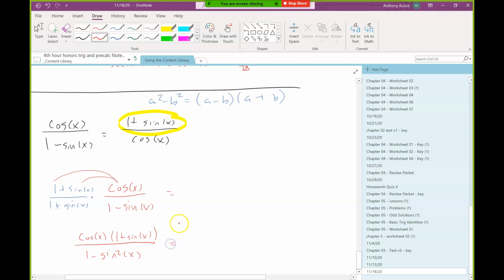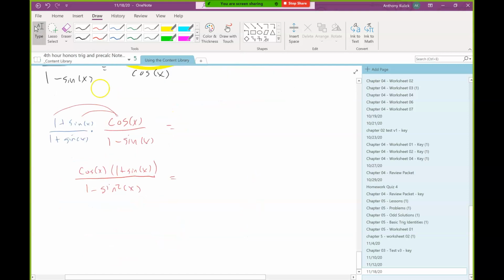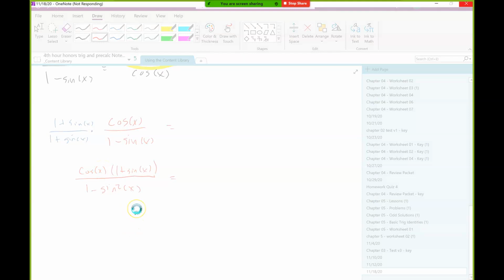It wouldn't be the end of the world if you distributed the cosine through, like I had initially thought, but I took a second look at where I was trying to get to, and I'm just going to be factoring that cosine back off in a future step, so let's not go ahead and do that. Okay. So all I did there was just basic algebra, so no identity was required.